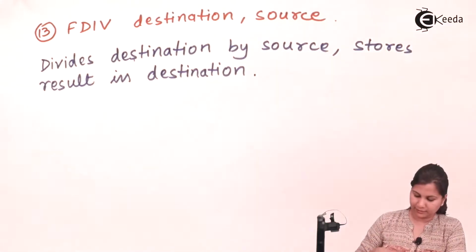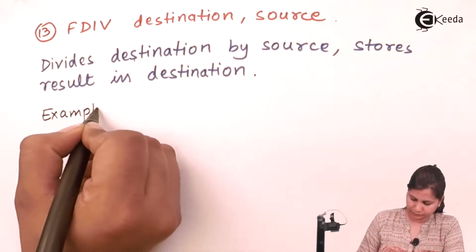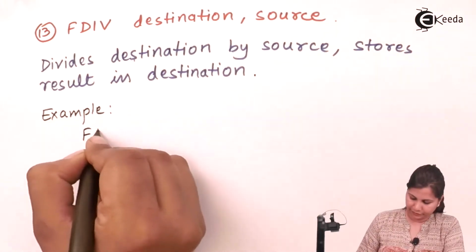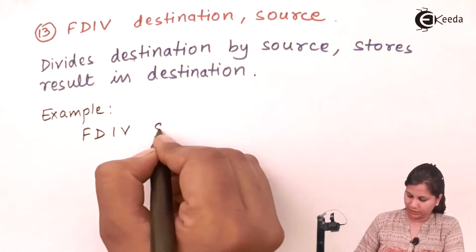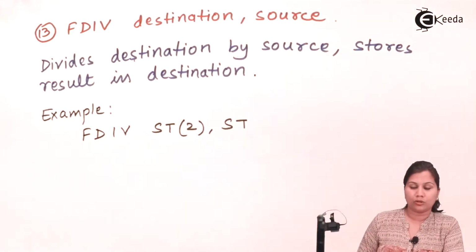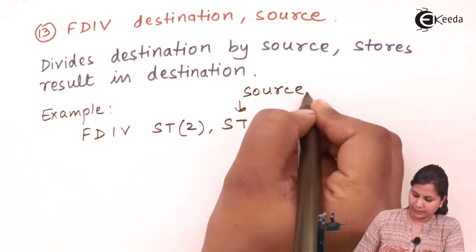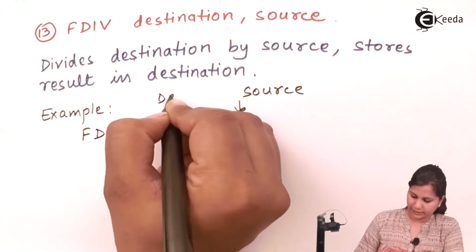Example of this is FDIV ST2, ST. So ST is the source and ST2 is the destination.